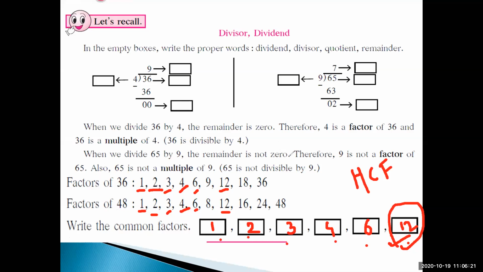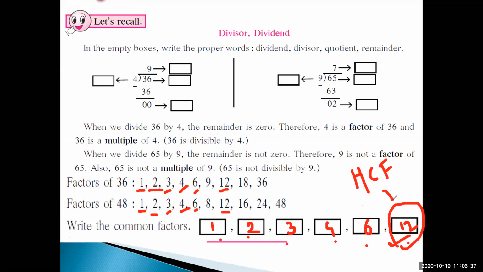So here 1, 2, 3, 4, 6, 12. Amongst these common factors 12 is the greatest number, meaning the highest number. So HCF is equal to 12.